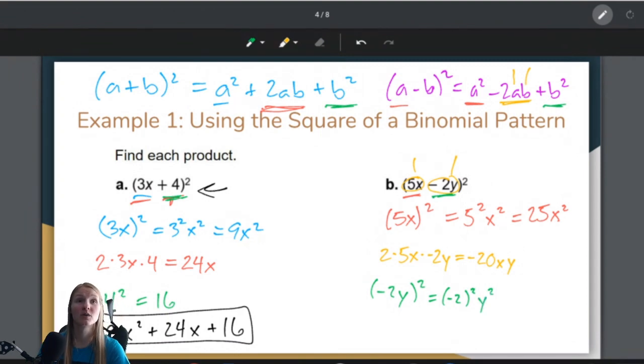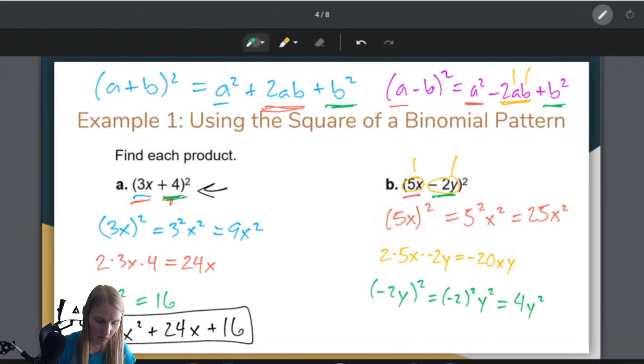Remember, the negative 2 goes in parentheses, because otherwise it's just negative 2 squared, and we want negative 2 squared. Okay, so negative 2 times negative 2 is positive 4. And the y squared stays just like it is.